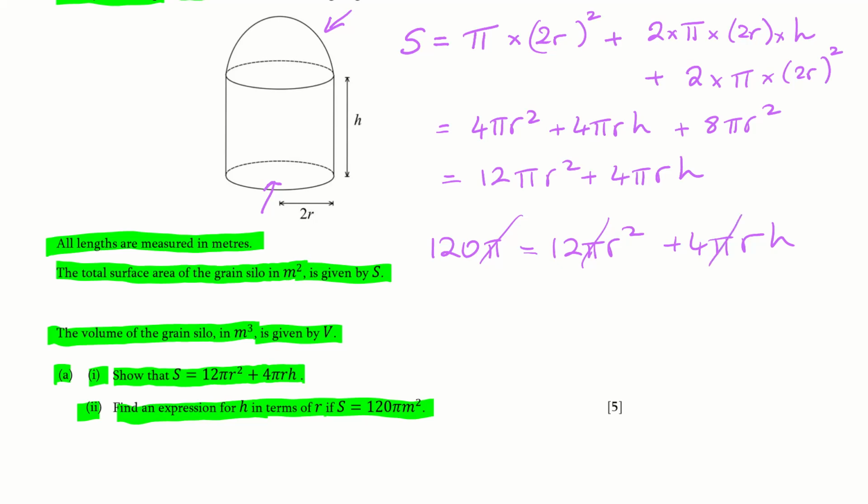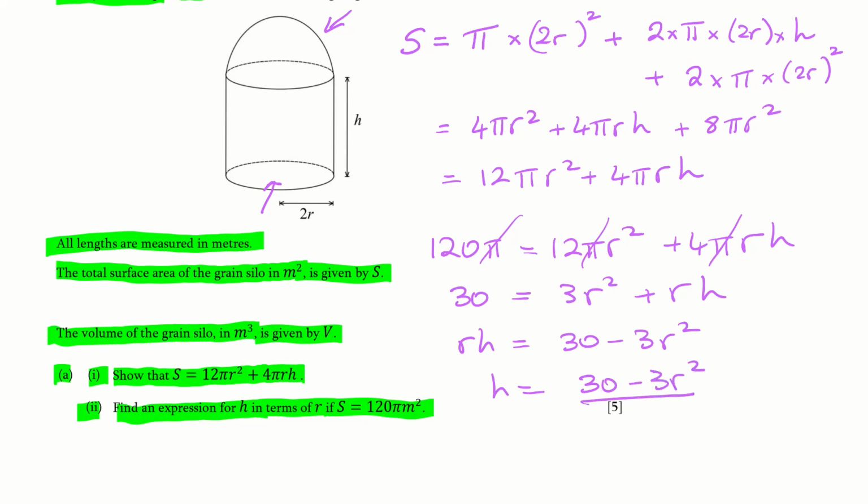We can also divide by 4, giving us 30 is 3r squared plus rh. So rh is going to be 30 minus 3r squared, and therefore h is equal to 30 minus 3r squared divided by r.